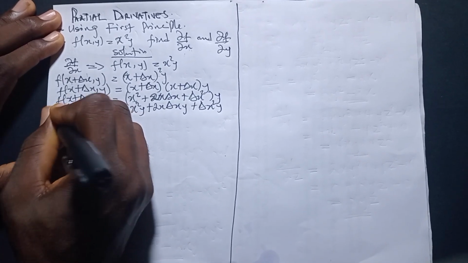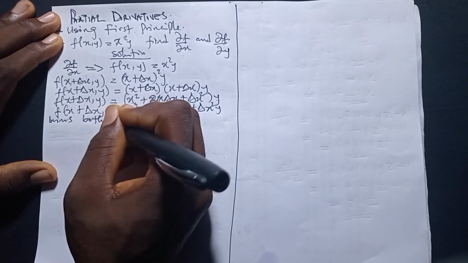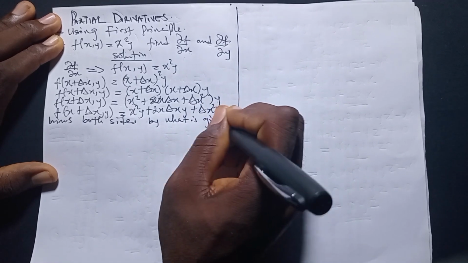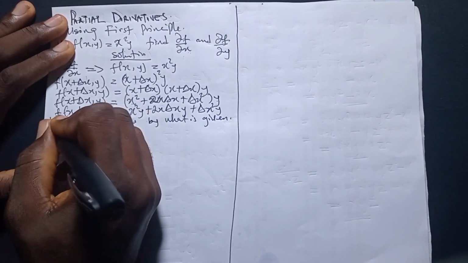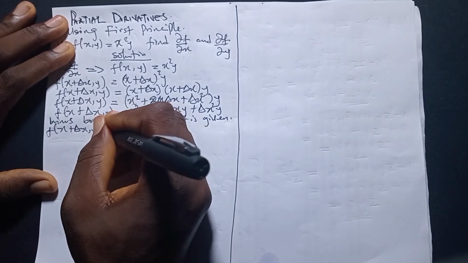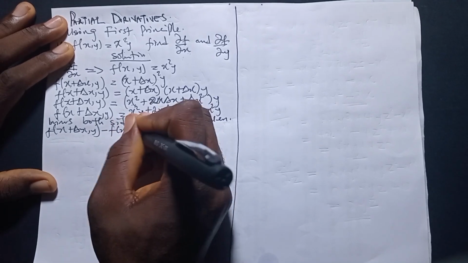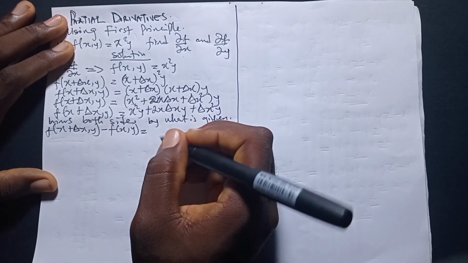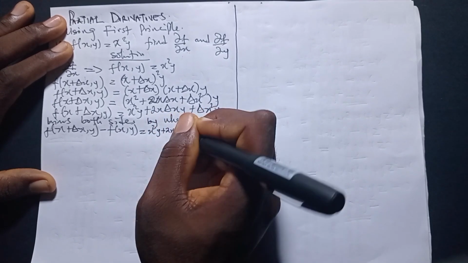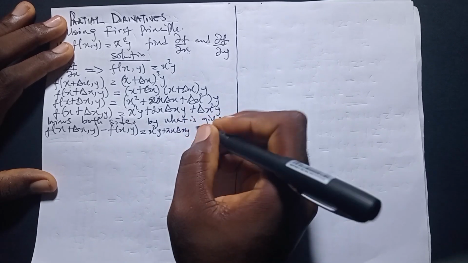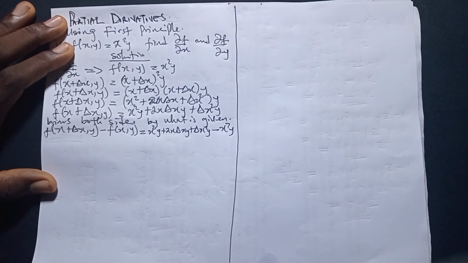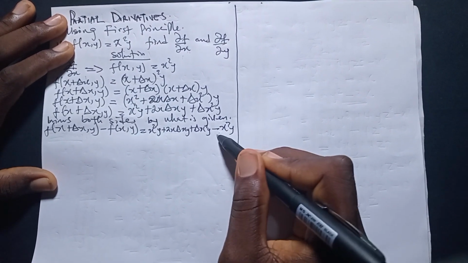So we have f of x plus change in x, y minus f of x, y equals x squared y plus 2x change in x y plus (change in x) squared y minus x squared y. Now x squared y minus x squared y cancel out.